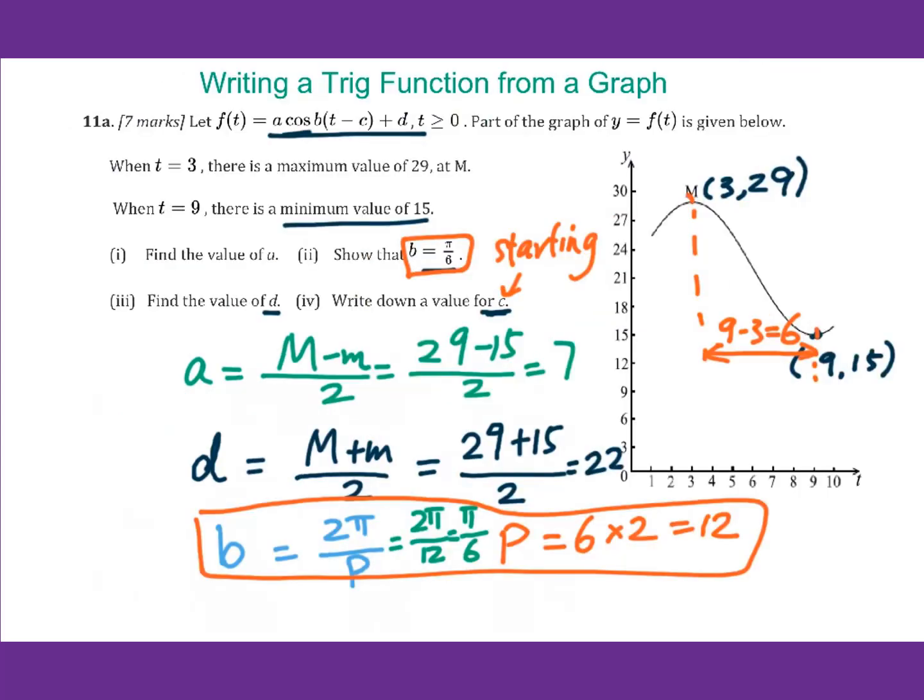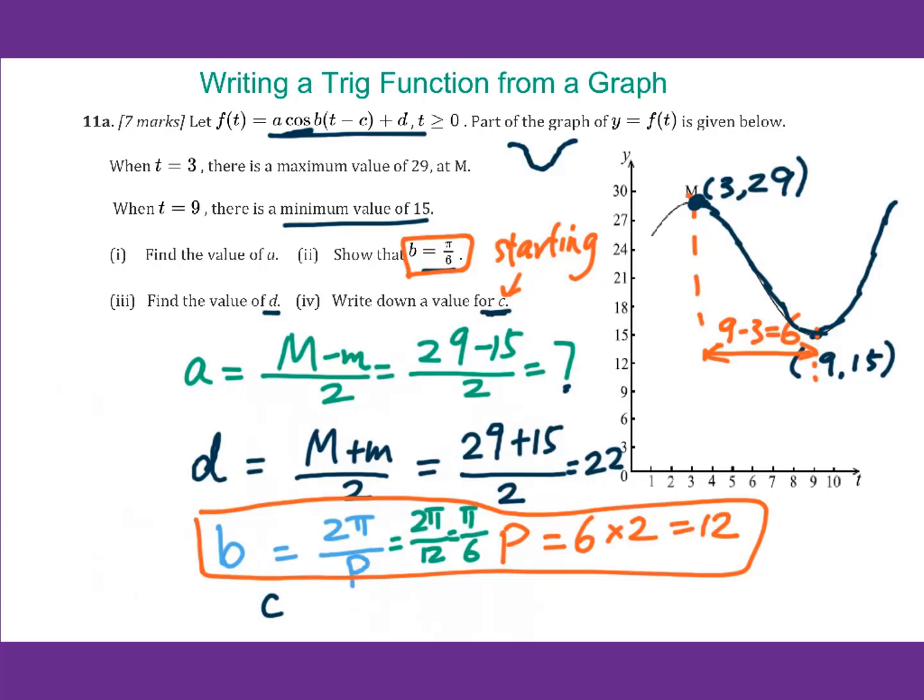Therefore, since this is a cosine and A is positive, the pattern will be like this. You will draw from here. You see? This will be the pattern you're looking for. This point, the x coordinate will be the starting point.